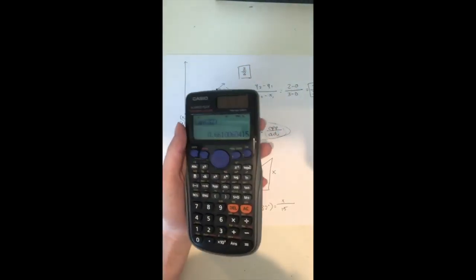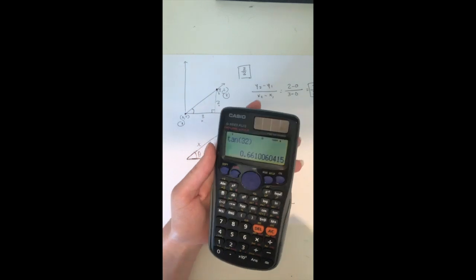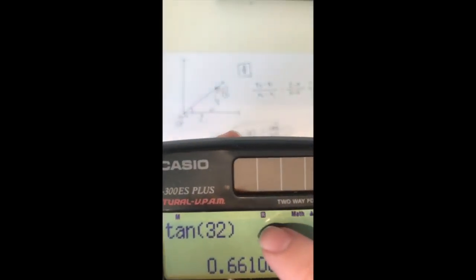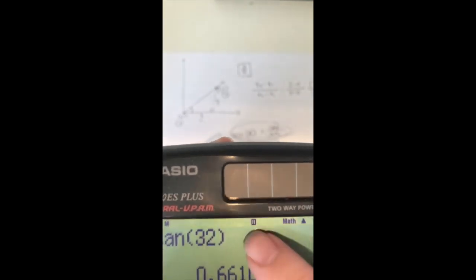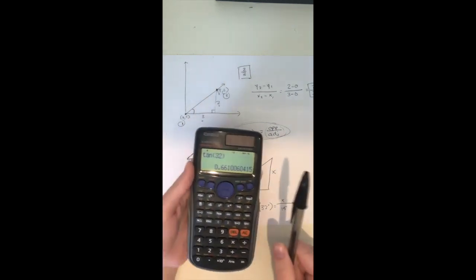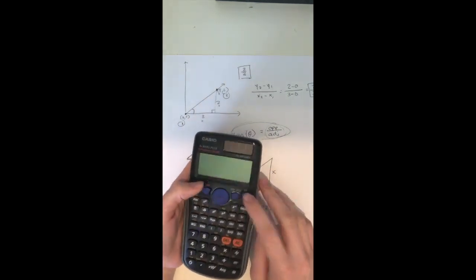When you get something like this, you know it's wrong, because if you look really closely, you can see that there's an R right there, and that means that you're in radians. Since this was given to you in degrees, you want to put your calculator into degrees.